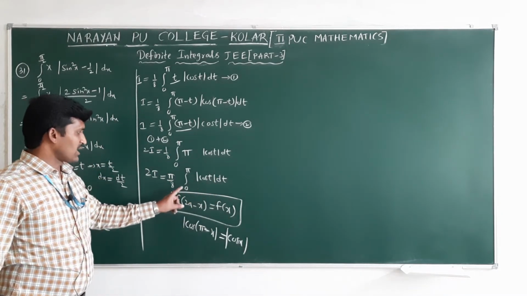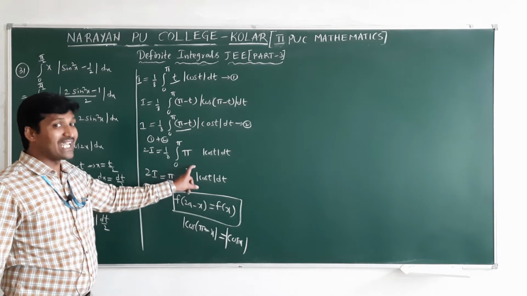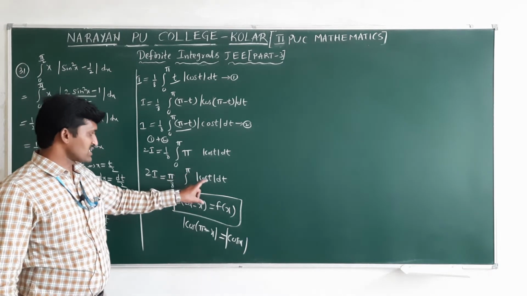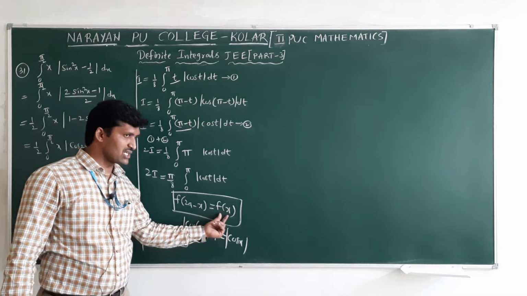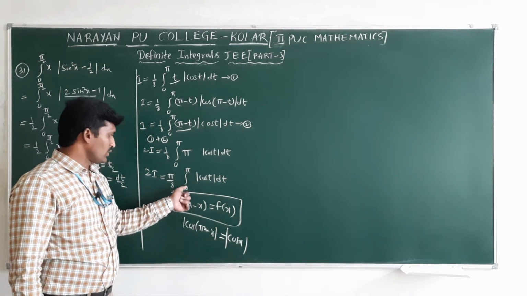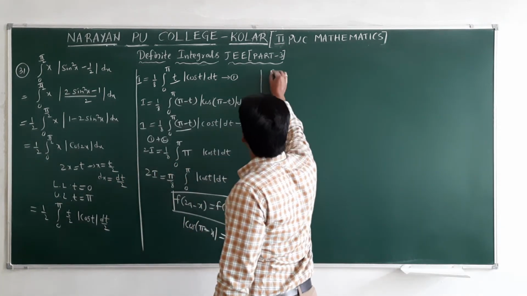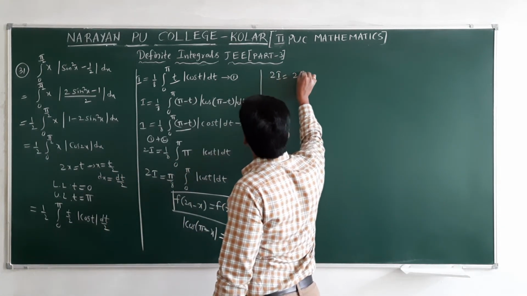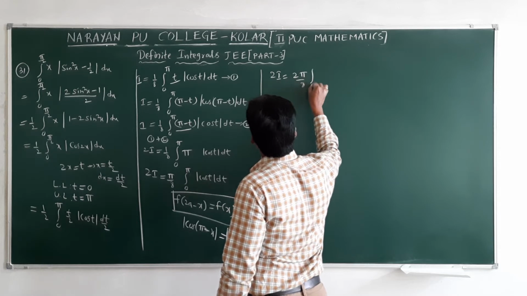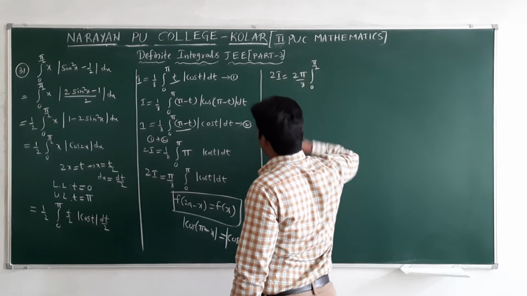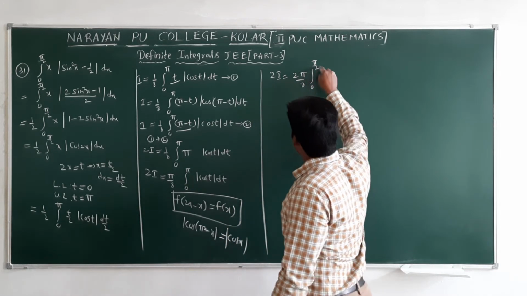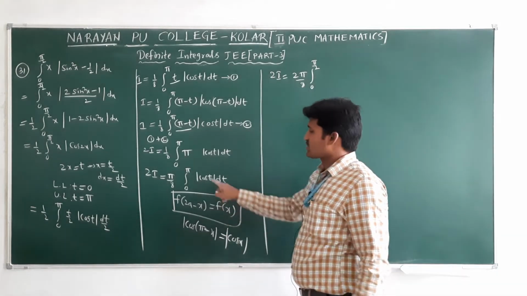That's why we can write integral 0 to 2a f of x dx as 2 into integral 0 to a. When this condition is satisfied, we can write 2 into integral 0 to pi by 2. So 2I equal to 2 pi by 8 integral 0 to pi by 2. When 0 to pi by 2, which quadrant? First quadrant, where cos is positive.